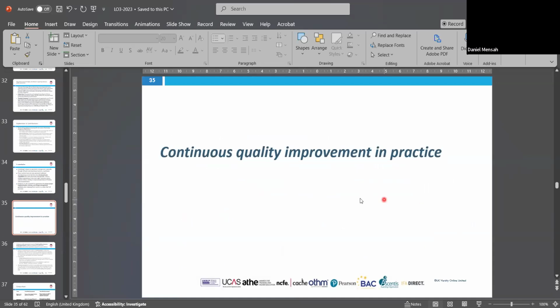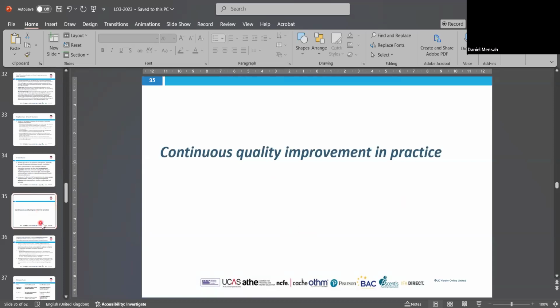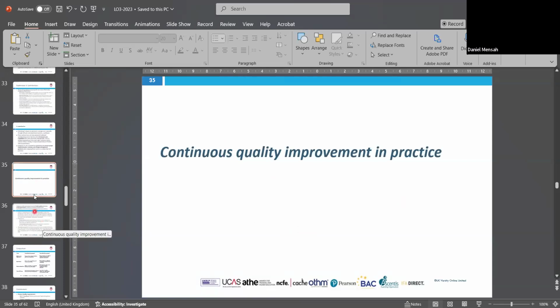So now we are going to explore another part of quality improvement. We are going to explore how we can use these approaches in practice. More or less, it is honestly the same as whatever we have explained so far.